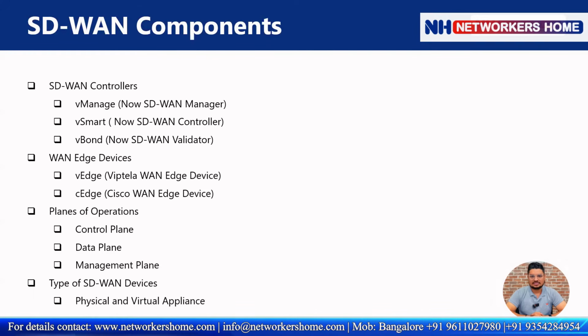Okay. Then there are some planes of operations. So understand, first of all, the controller. In the controller we have mainly three devices: vManage, vSmart, and vBond. And I also mentioned in the brackets the new name for the traditional ones. Let's say if you are searching on the official website or the latest trending things, nowadays vManage is known as the SD-WAN Manager, vSmart is known as the SD-WAN Controller, and vBond is known as the SD-WAN Validator.